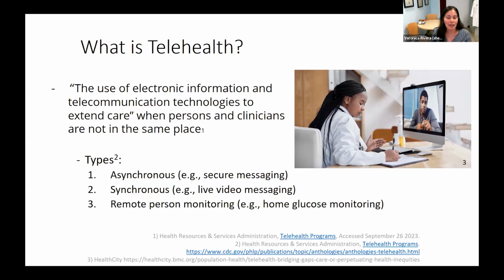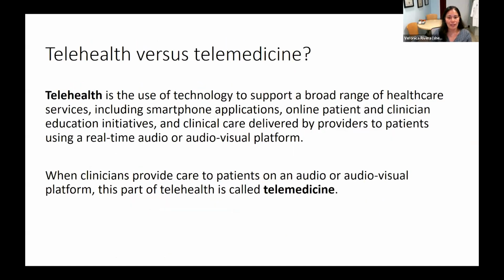And then lastly, remote patient monitoring. So this is an example where you might have home glucose monitoring or home blood pressure monitoring that allows care between patients and clinicians. And so again, telehealth is this sort of broader category terminology that we use technology to support a broad range of healthcare services.